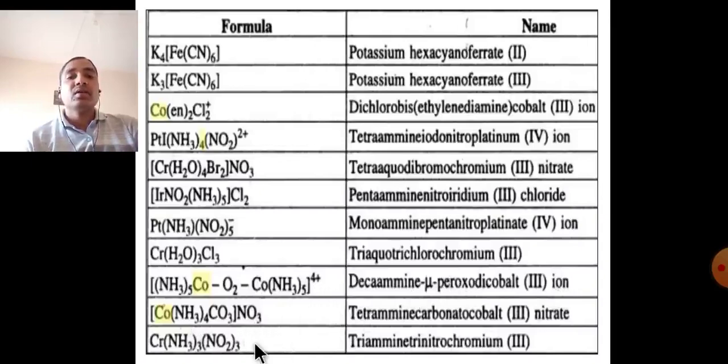In this complex, tetraammine carbonato cobalt(III) nitrate. And the last example, triammine nitro chromium(II).